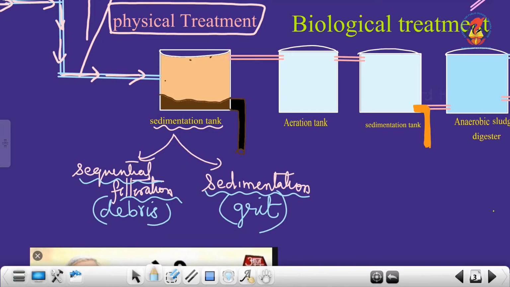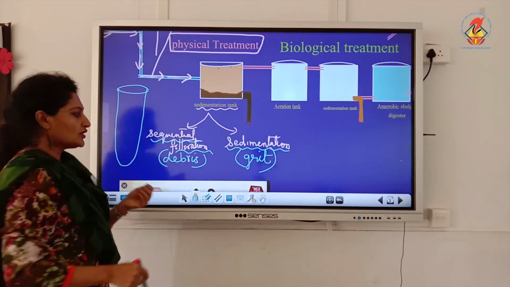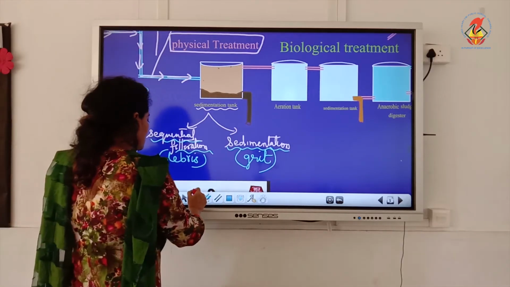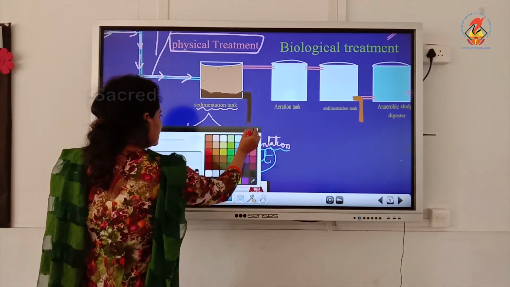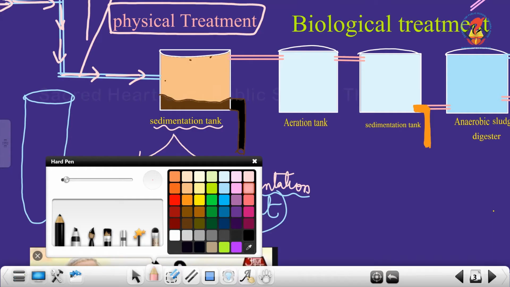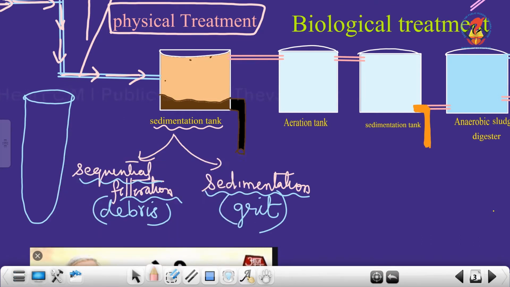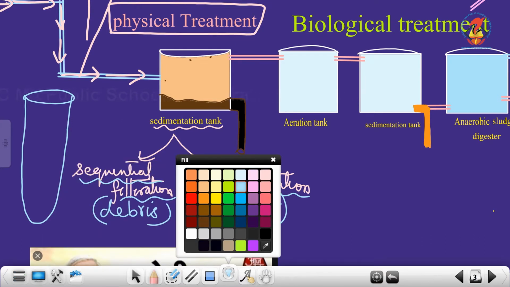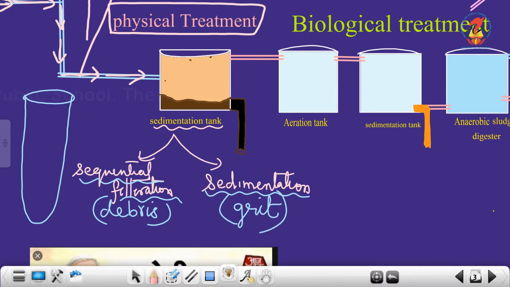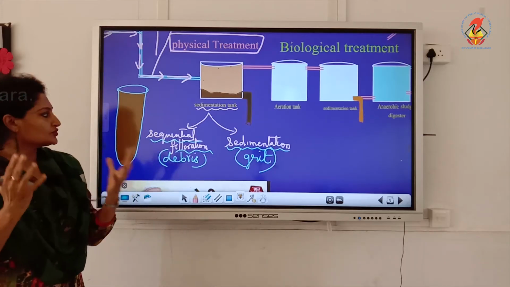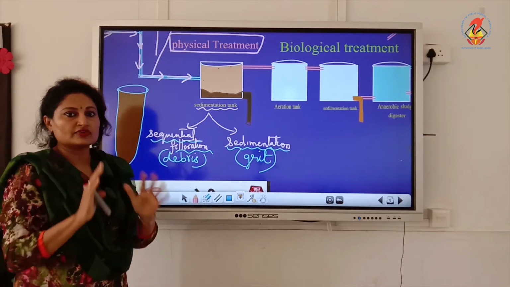Now I want you to make a comparison with the centrifugation tube. When you centrifuge or allow a compound to settle, say I mix tea powder with water in a test tube, or a muddy solution, that is mud and water, and you allow it to settle.